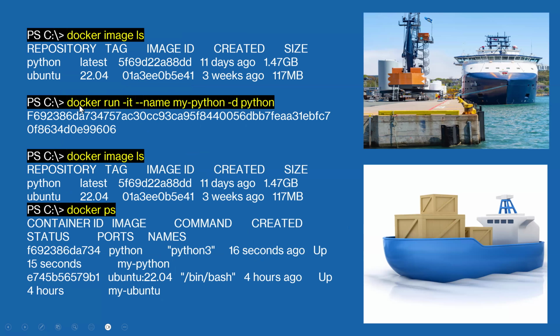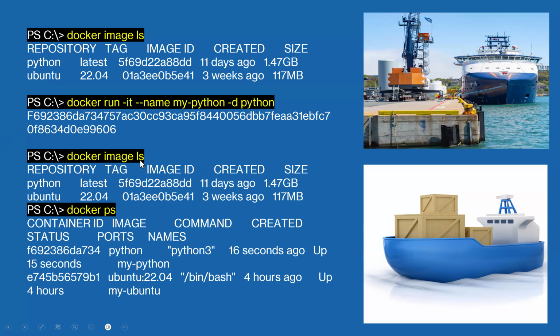Now I could say docker run -it for interactive teletype, --name my-python, and -d for detach, and then python, which is the name of the image that I pulled. Because it is detached, I get this long hash code number for the container.